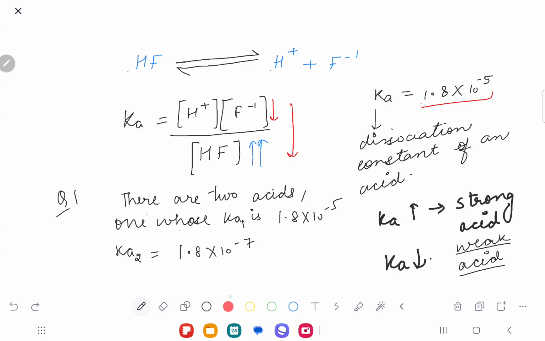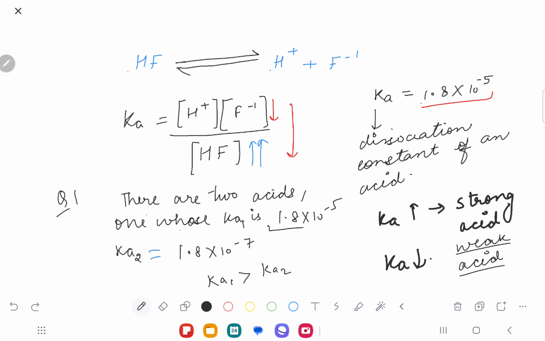Which acid do you think would be a stronger acid? Acid 1 or acid 2? Ka1, definitely, because Ka2, 10 raised to minus 7, is lesser.